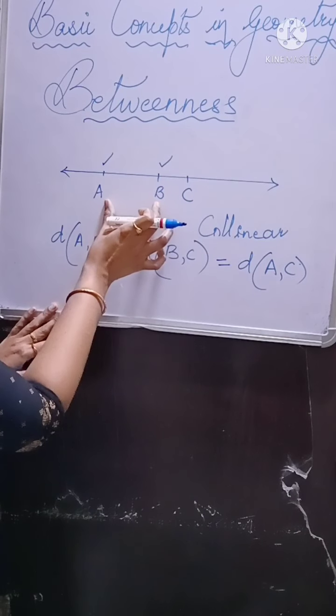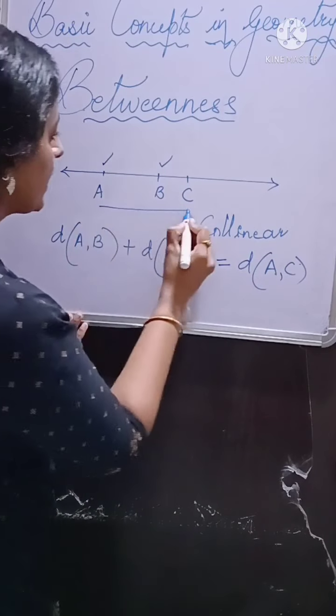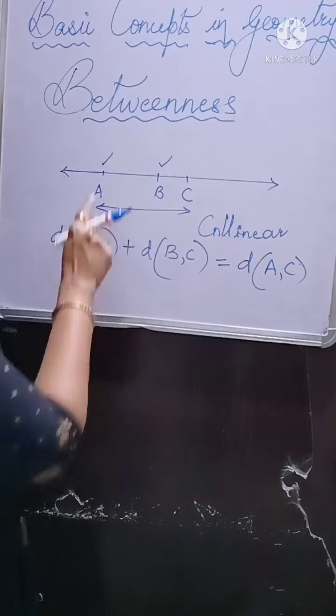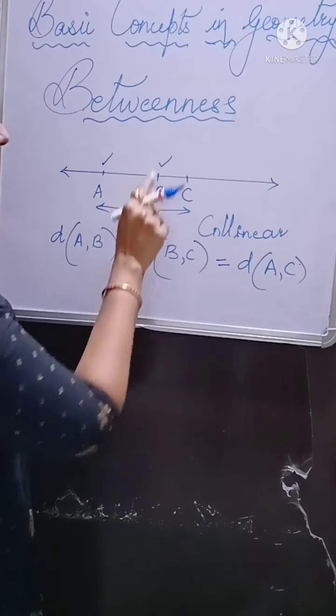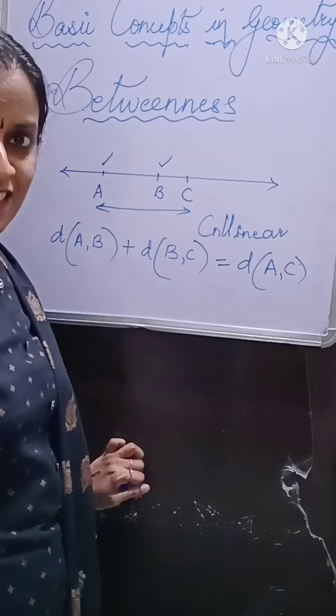Distance between A and B plus distance between B and C will be the total distance, that is the distance between A and C. First and second point distance plus second and third point distance will be equal to first and third point distance.